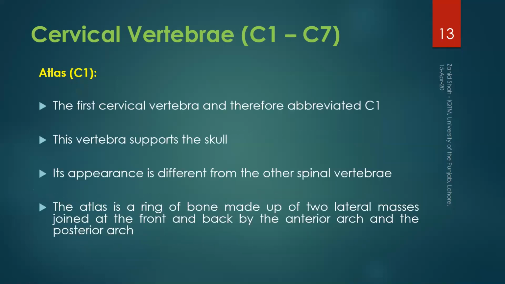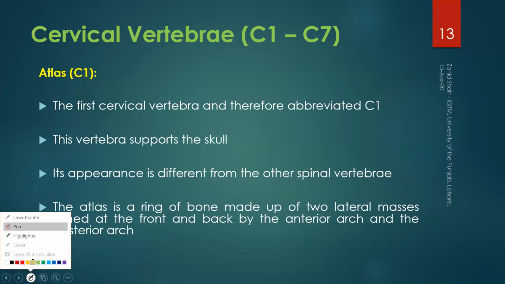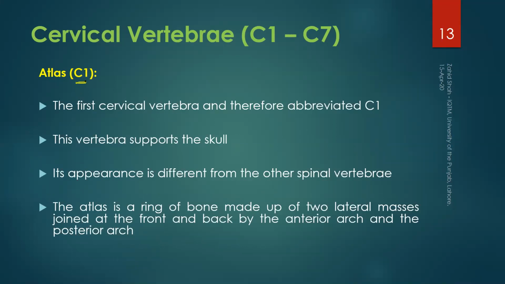As we have seen, cervical vertebrae are designated as C1 to C7. The first one is, of course, C1, and it is called atlas. So this is the first cervical vertebra and therefore abbreviated as C1. This vertebra supports the skull.